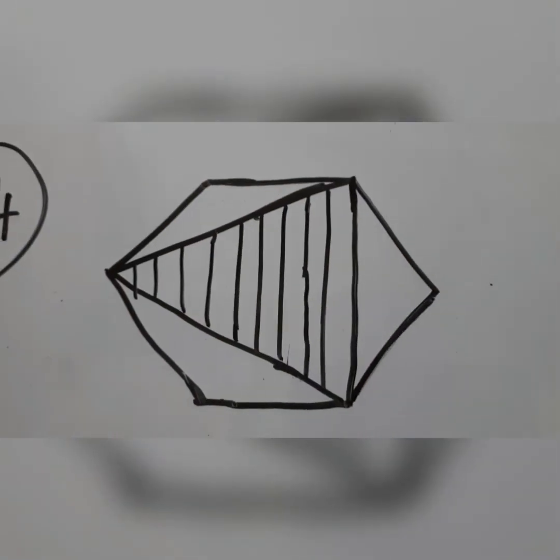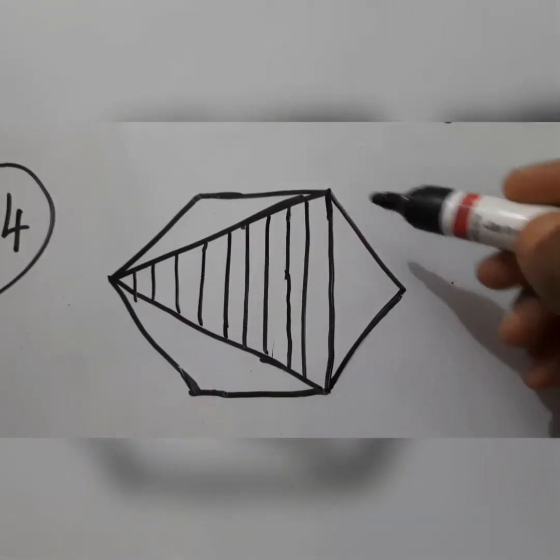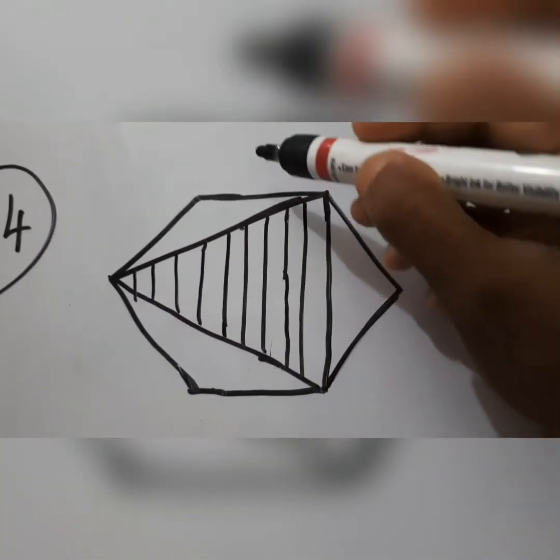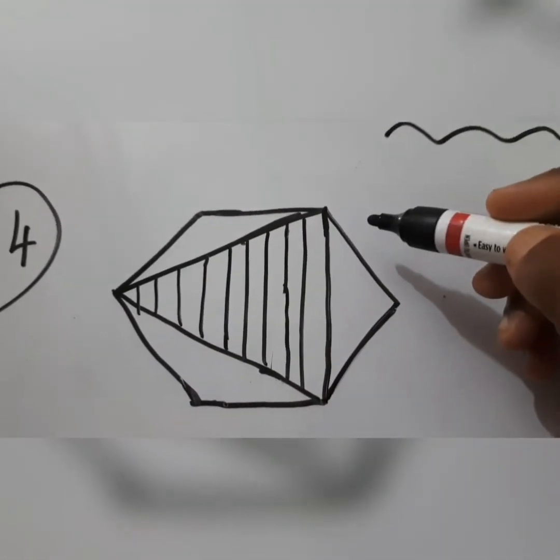Now question number 4. A triangle got by joining alternate vertices of a regular hexagon. What is the probability of putting a dot in the blue part or shaded part? This is a regular hexagon. Hexagon means 6 sides: 1, 2, 3, 4, 5, 6. 6 equal sides.